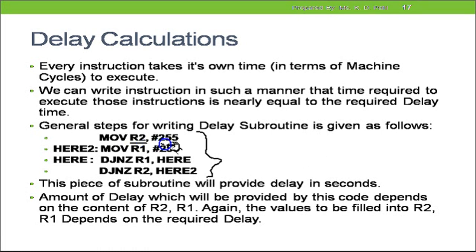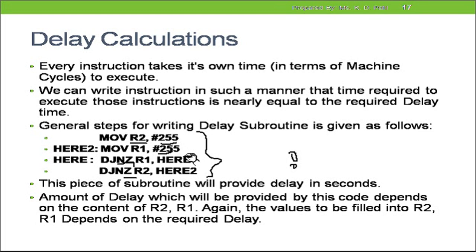Now we have set the value 255 to R2, then 255 to R1, and then we have written the loop. DJNZ is decrement and jump if not 0. So unless and until I get the value of R1 and R2 as 0, this subroutine will keep jumping here and here. Now why is 255H used?